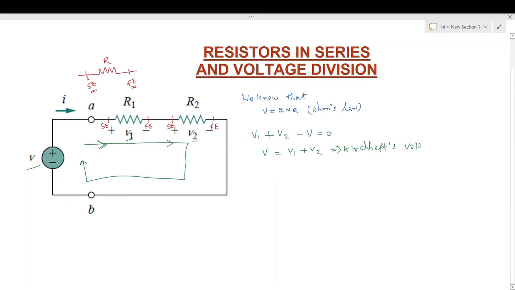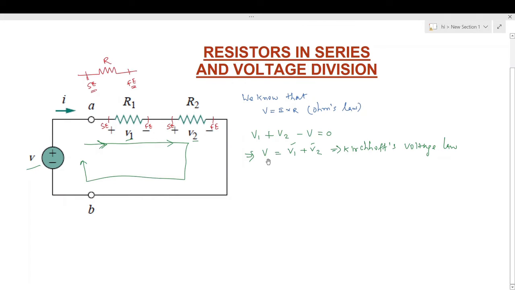From this equation we can say that the summation of voltage drops across individual resistors is equal to the supply voltage. From this equation we will find out the equivalent resistance of this circuit.